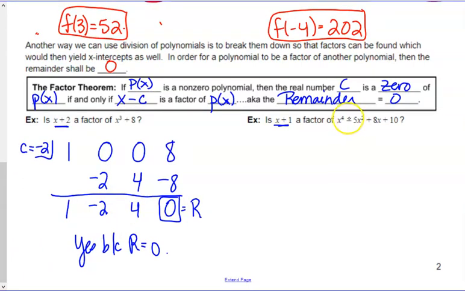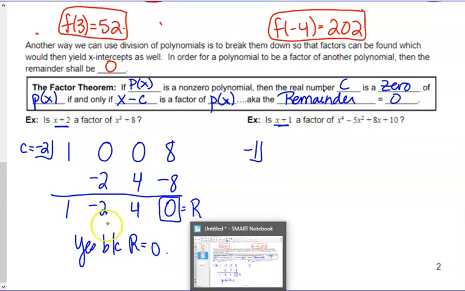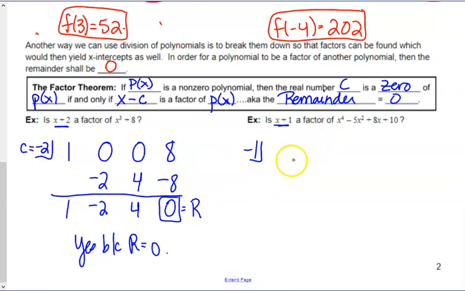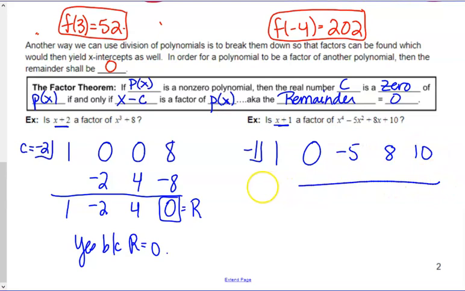We have a power of 4. That means I need 5 numbers, and I'm missing an x cubed here, so don't forget your placeholder. What is the number out front? Well, since it's grouped with x, we take the opposite of what our eyes are seeing. Therefore, it's a -1. Put our coefficient of 1 for our fourth, but we don't have a third, so we want a placeholder. Then we go -5, 8, and 10. So here we go.